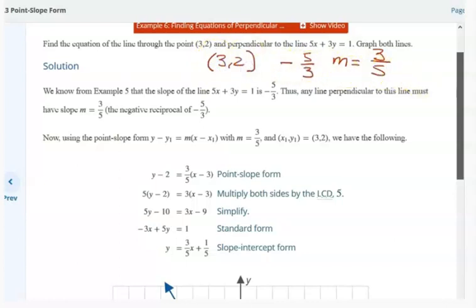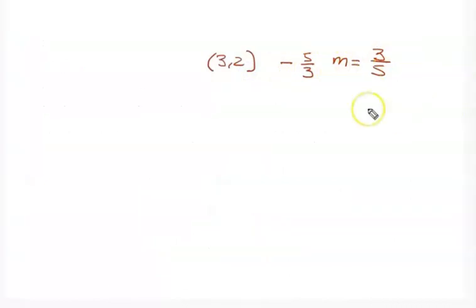Again, we'll go to a whiteboard and take a look at this and solve it. So again, y equals mx plus b. We know our new slope is going to be a positive 3/5, and then our x value is 3.